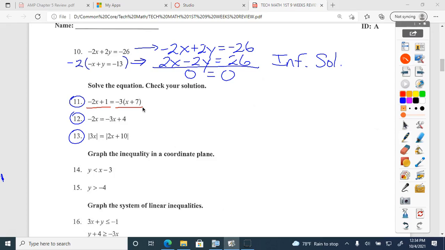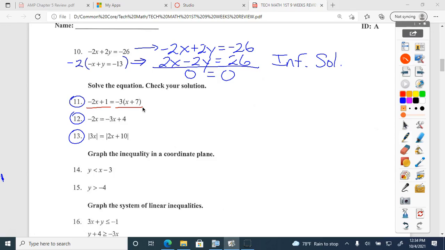Now, these are a little different because what variable do we not need on our answer? Y, because there is no Y up there. So you can ignore the Y part on these. You only need X because X is the only variable that we have up here.